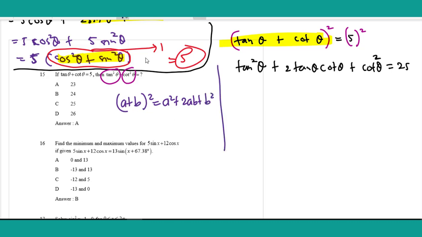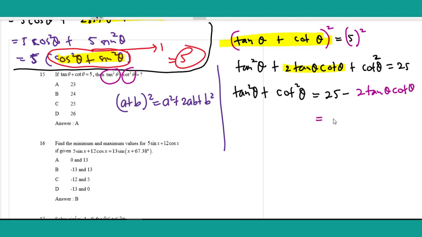We want tangent theta squared plus cot theta squared to remain on the left hand side, so bring this one to the right hand side: 25 minus 2 tangent theta cot theta.